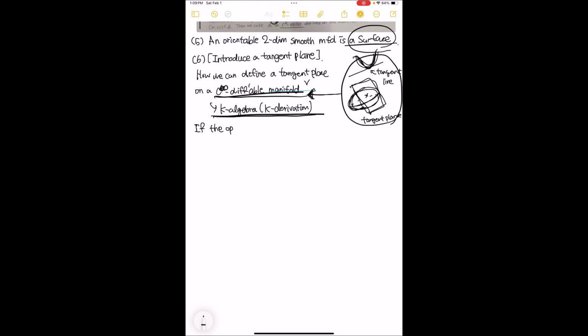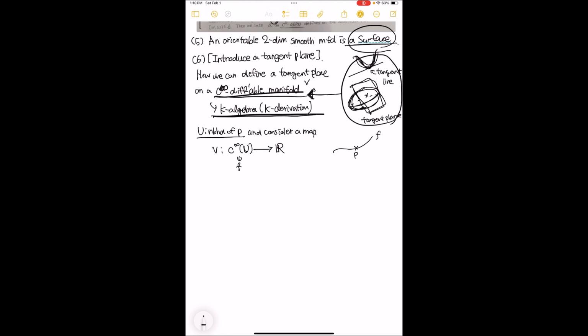So, to define a K derivation, we need a neighborhood, and consider a map. We can take a neighborhood at P.